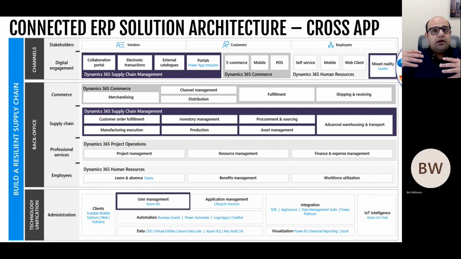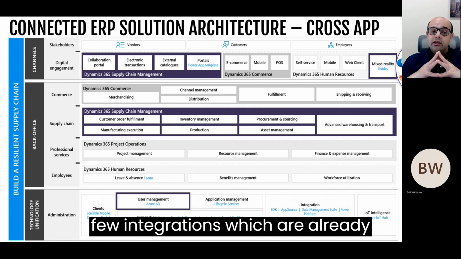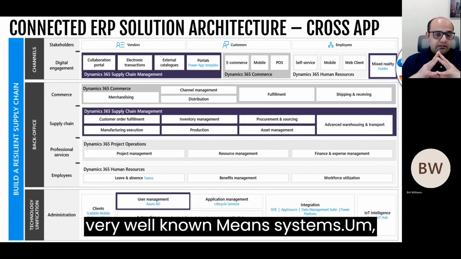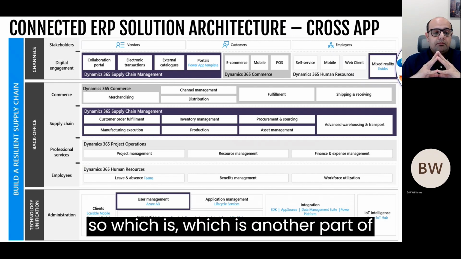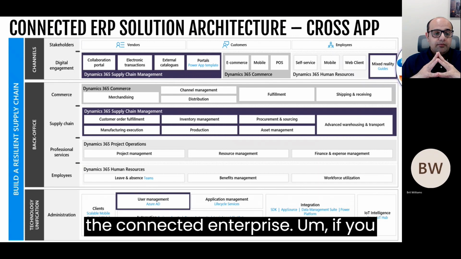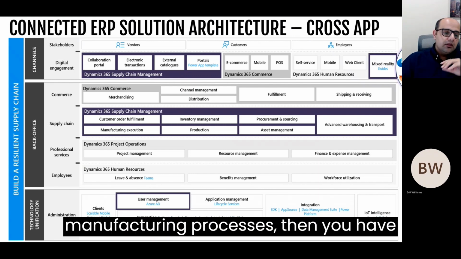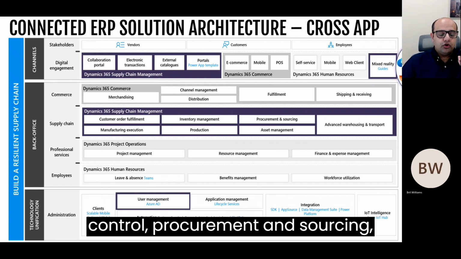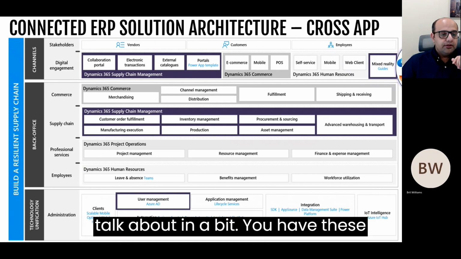If you talk about MES systems, there are a few integrations already available from Microsoft to some of the very well-known MES systems, which is another part of a connected enterprise. If you really want to automate your manufacturing processes, then you have inventory management, production control, procurement and sourcing, and asset management. Some of these we will talk about in a bit.